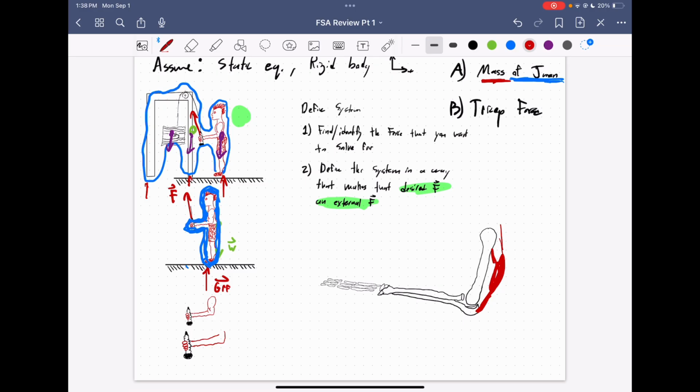In this case, I'm pulling my hands down, right? And my triceps are going to be contracting, producing a force this way, right? And there's a force pulling up.